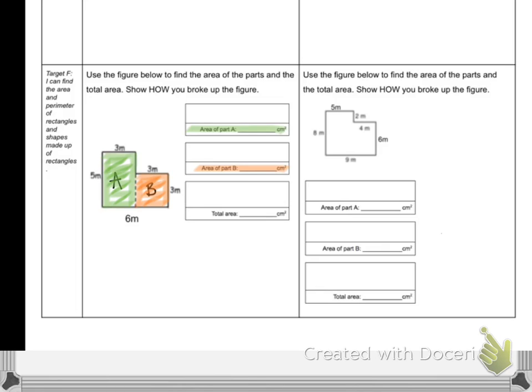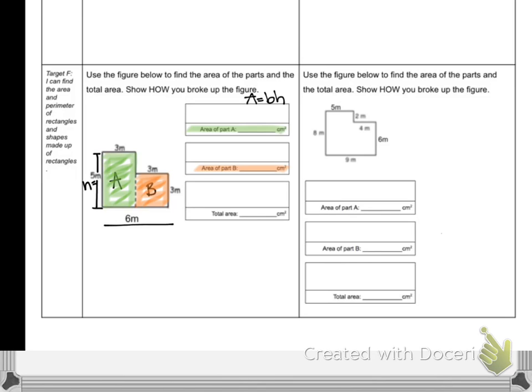As I'm looking at area, I need to remind myself that area is equal to base times height. So I need to find a base and height for each of these rectangles. As I look at A, I'm going to look at the height. A is very tall. It is 5 meters tall. Its height is going to be 5. Its base, if I look below, it cannot be 6.